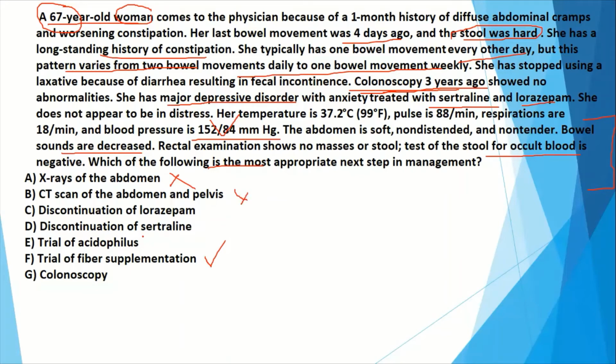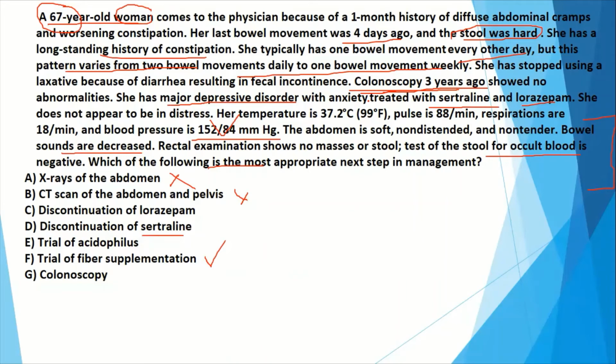Discontinuation of the lorazepam and sertraline. So this patient is having a history of major depressive disorder with anxiety. So you're not going to discontinue these medications because it can result in rebound major depressive disorder and anxiety. So you have to taper off these drugs if you have to discontinue.